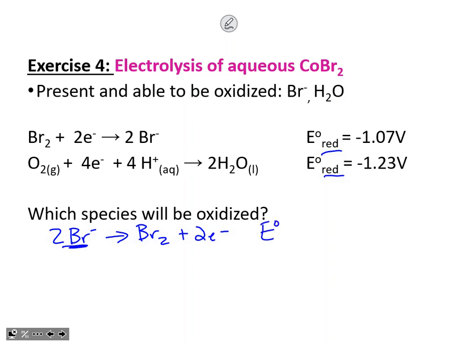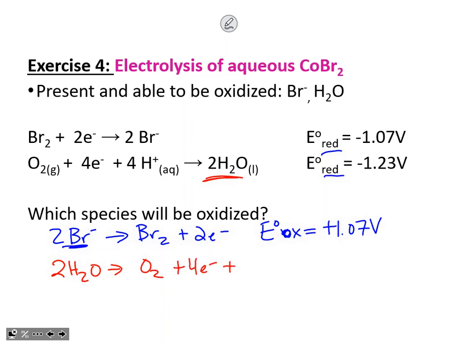This makes this E-ox positive 1.07 volts. Then if I'm looking at the water one, where water would need to be the reactant, I flip that so the water's over here, producing the oxygen and the hydrogen, so making it more acidic. This E-ox ends up being 1.23 volts positive.